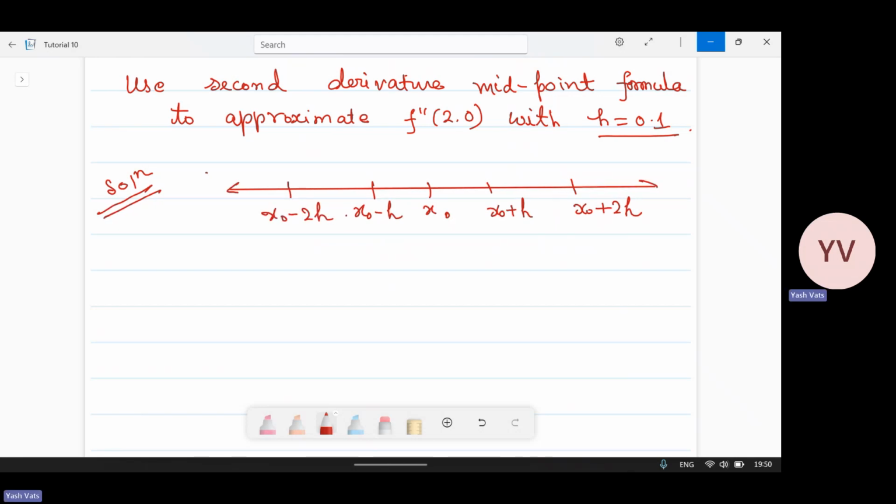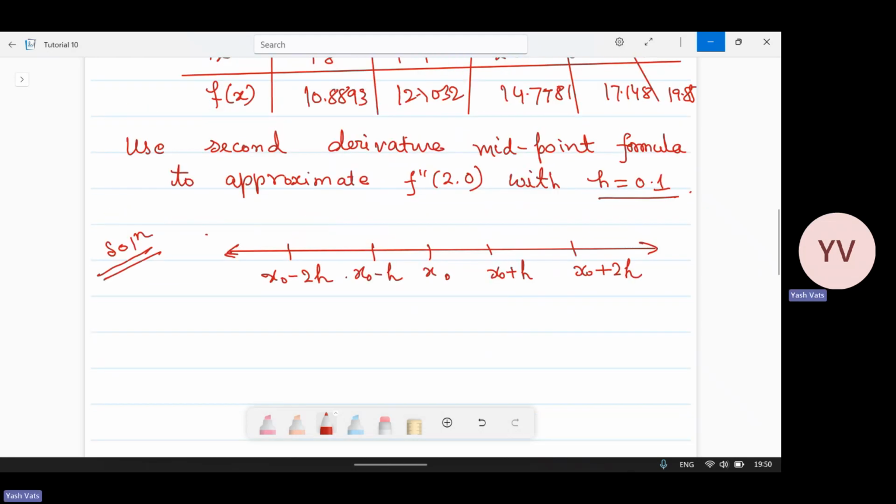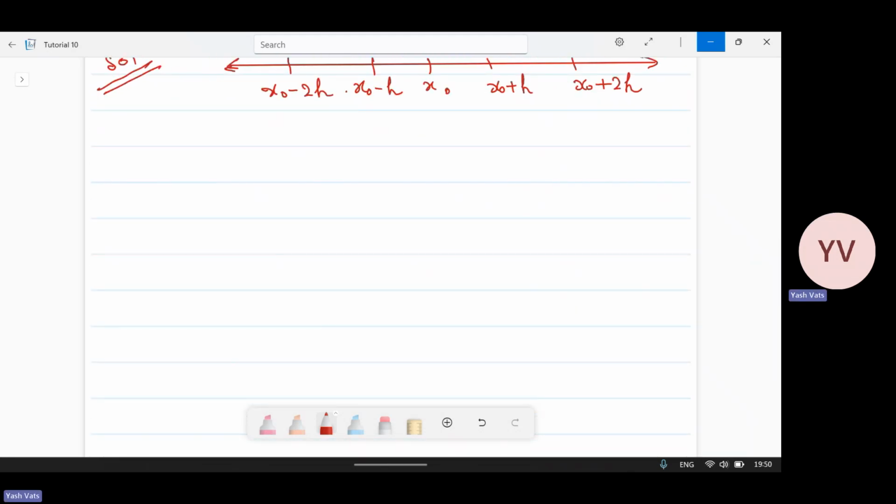Suppose this is your function. Then I should write that formula.